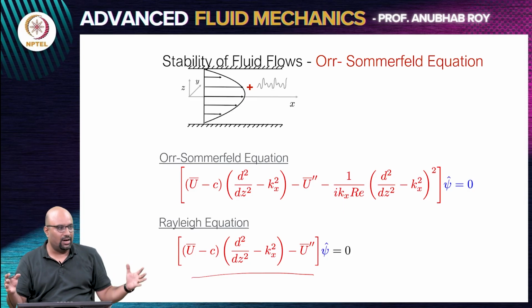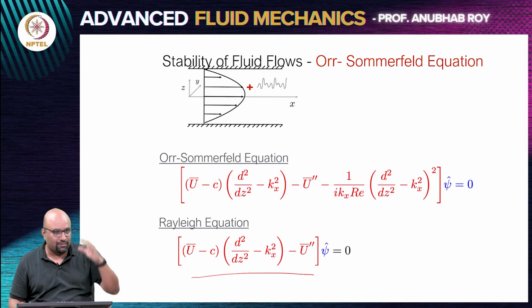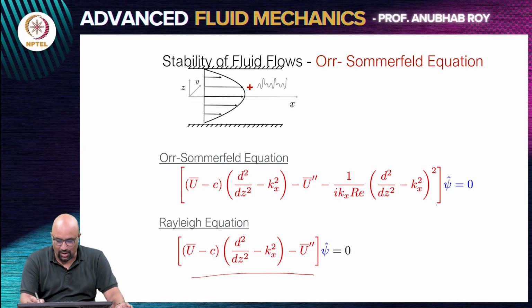You have taken your governing equation, linearized it about a base state, and after a set of algebra you arrive at this equation. So, even though you may think these equations are dropping out of thin air, they are a sequence of steps of eliminating variables from your Navier-Stokes and Euler's equation. This one comes from Navier-Stokes and this one comes from your inviscid or Euler's equation.